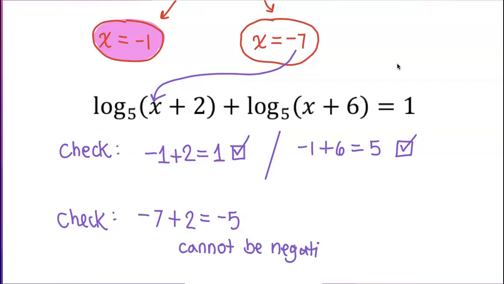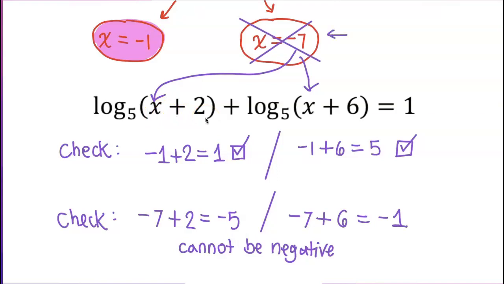So we don't even have to check the other one. Well, this one will also come out to be negative. If you plug negative 7 into the second log argument, you get negative 1. When you get a solution that makes the log arguments negative, you have to cross it out. That is not a solution to this equation.